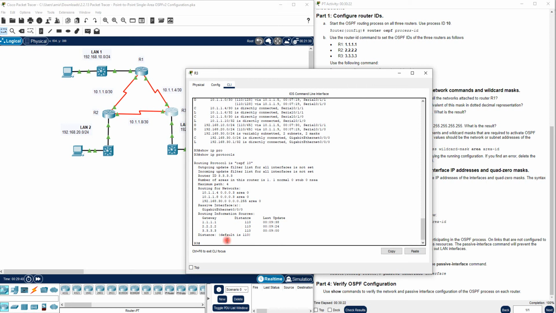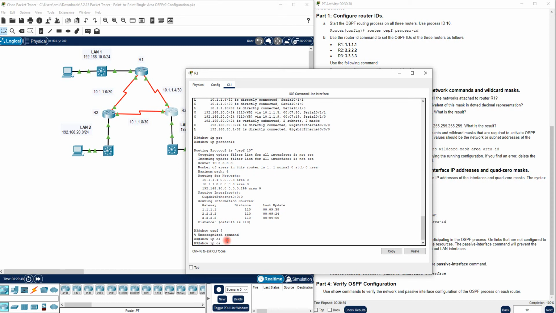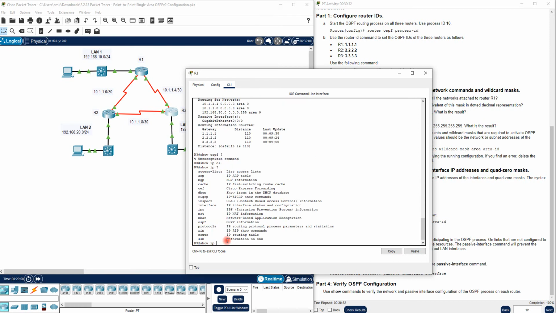Other information is here, and also you can write show ip ospf.